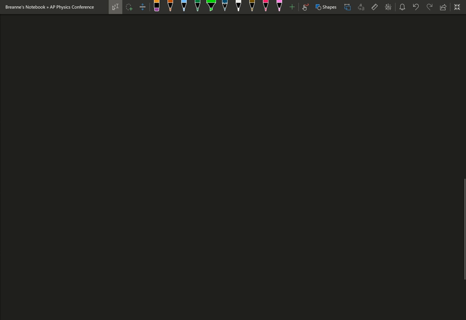This one is an interesting example. Our box is no longer on a flat surface. Our box is now on an incline.